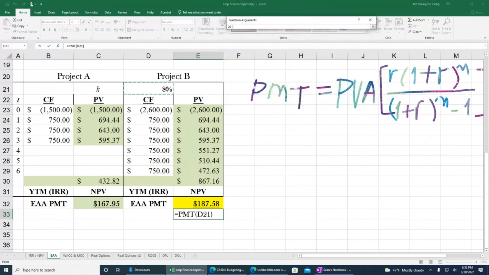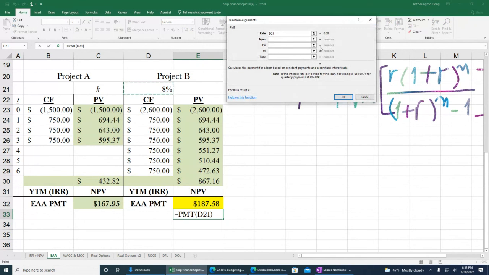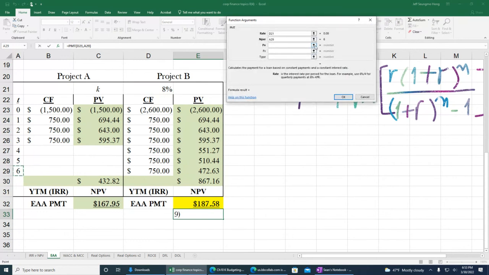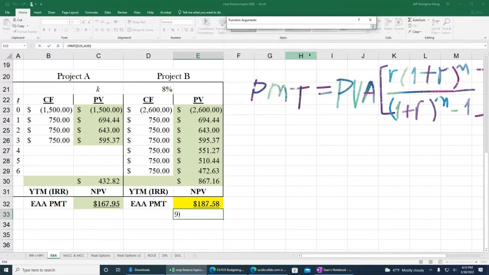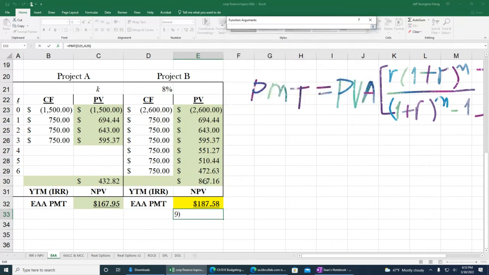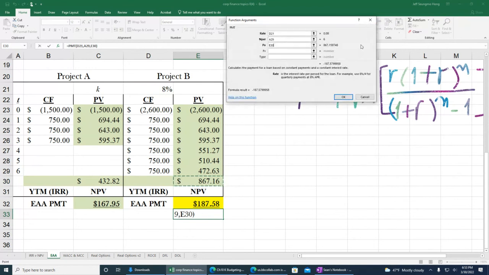Give it the rate. Give it what it's asking for. Give it N. This one, for this project, N is 6, right? For project B, N is 6. There is no present value because this is annuity. Then future value, this one doesn't have future value, but this one has present value of annuity. So present value of annuity, this one, 8, this.